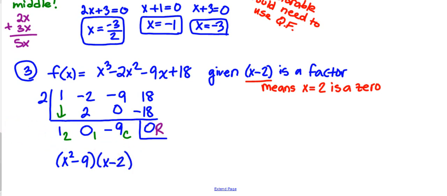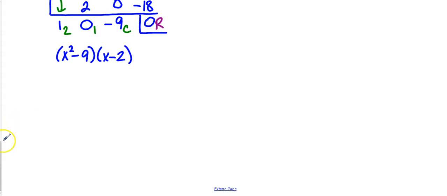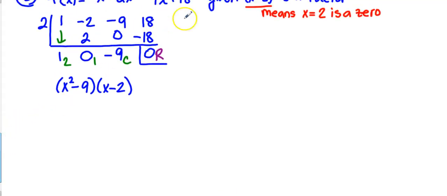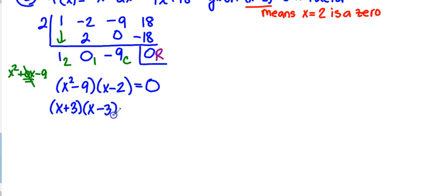Can we keep going? I'm hoping as soon as we see x squared minus 9, we're like, yes, we can. Notice, I technically could have written x squared plus 0x minus 9, but this doesn't really need it, so I just kind of skipped right over to x squared minus 9. Setting this equal to 0, I recognize x squared minus 9 as the difference of squares that I can factor as x plus 3, x minus 3.